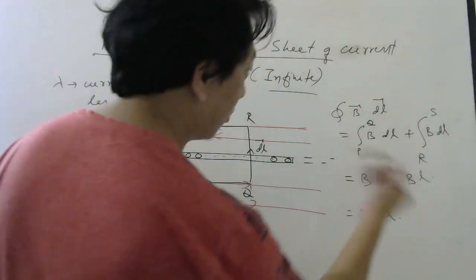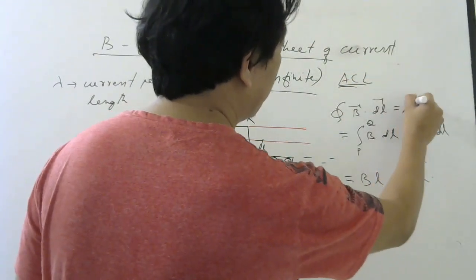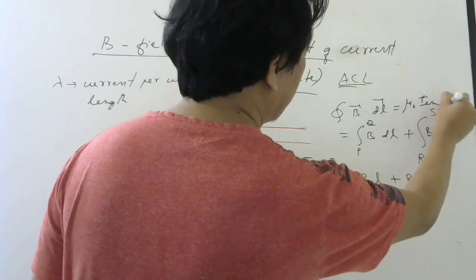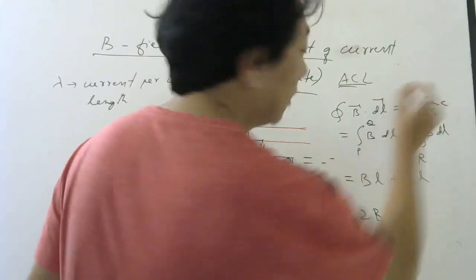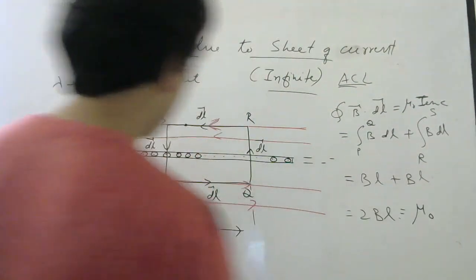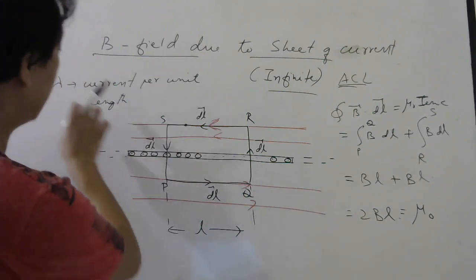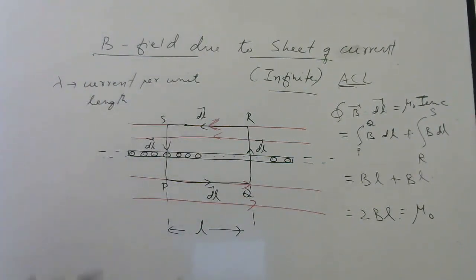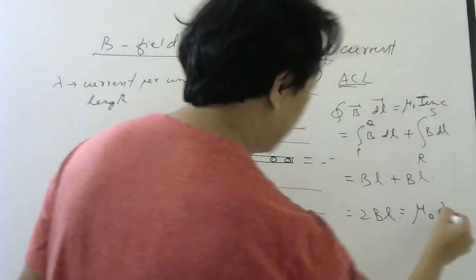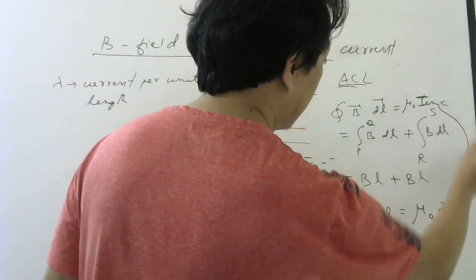According to Ampere's circuital law, this should be equal to mu naught times the current enclosed. The current enclosed means the current in this length. Lambda is the current per unit length, so lambda into this length L gives me the current enclosed.